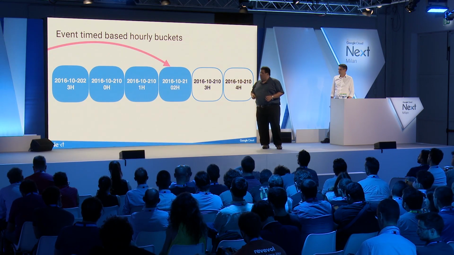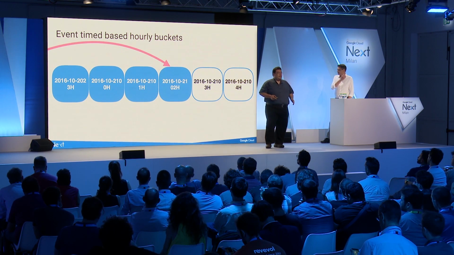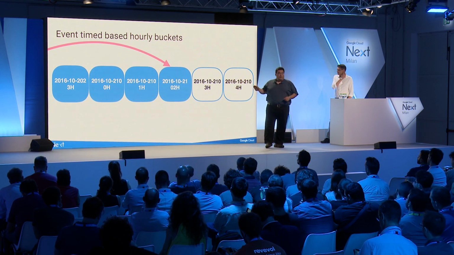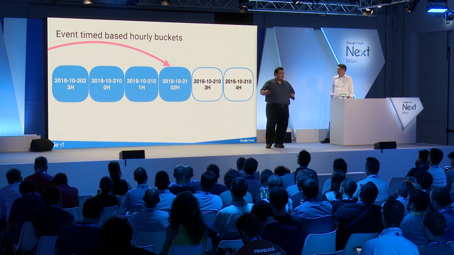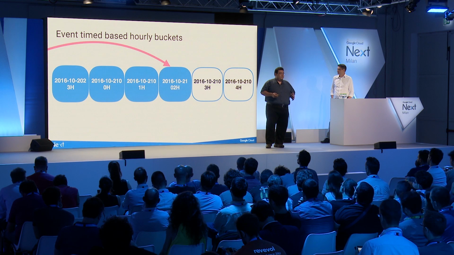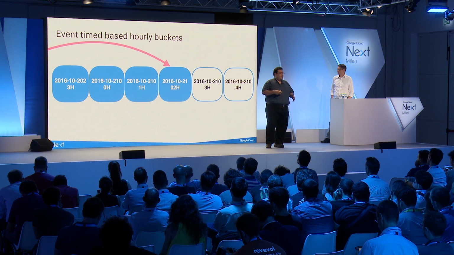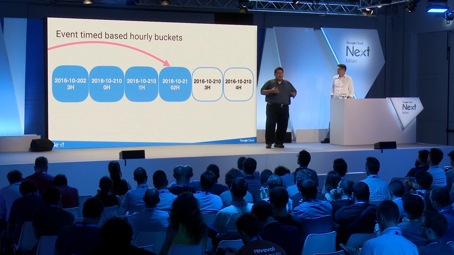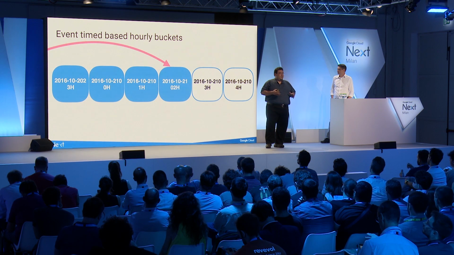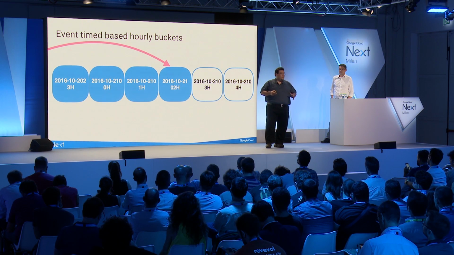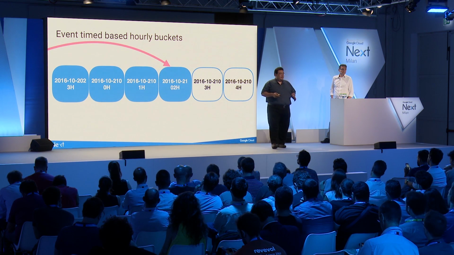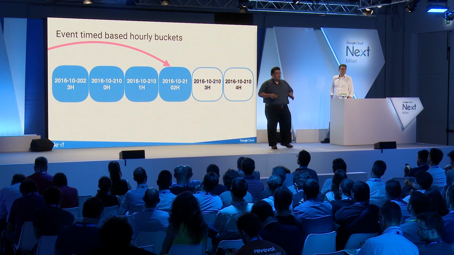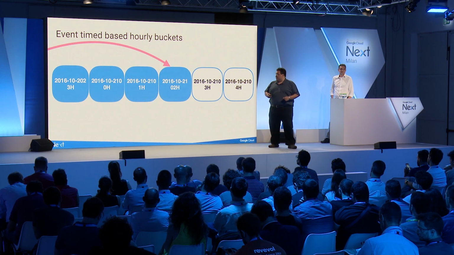But because everything could happen, let's say we have an hour that we already marked as complete, but suddenly late data arrives for that hour. This could happen because we use a heuristic to determine when it's time to close the hour, and the heuristic is not always 100% right.